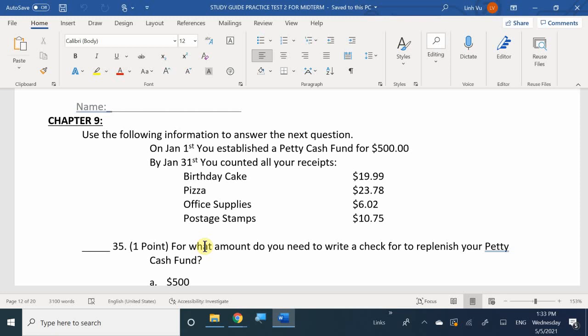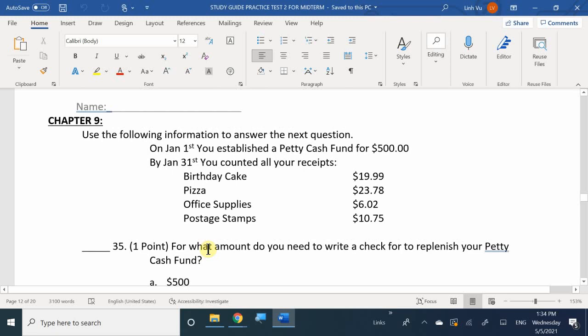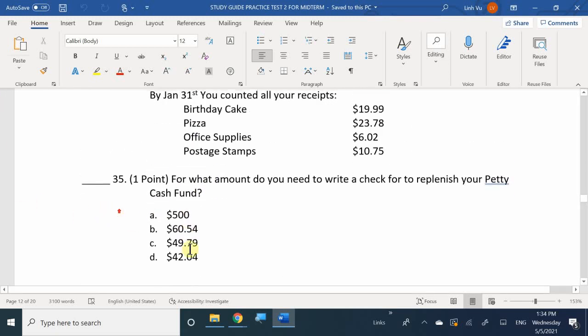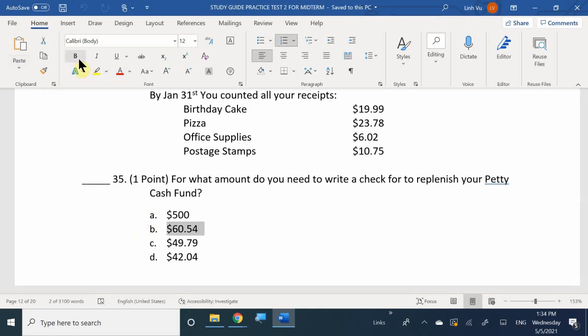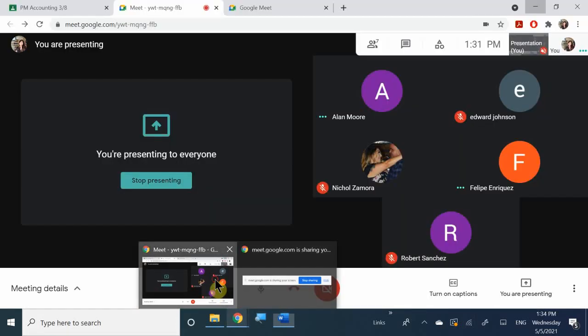So $19.99 plus $23.78 plus $6.02 plus $10.75 should get you, let me see. Yep, so it should be $60.54. Okay, so when we add back $60.54, my petty cash fund should hold how much cash? 500.